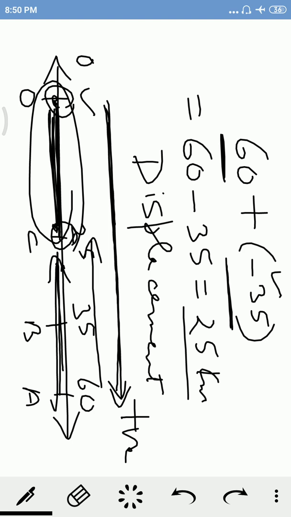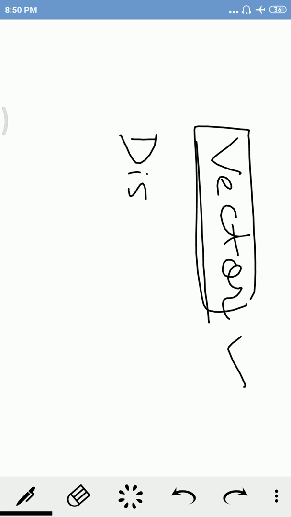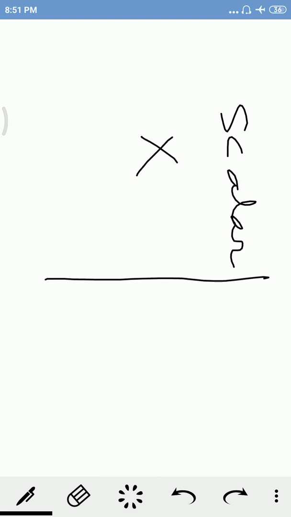In physics, where we consider the direction in quantities, these quantities are called vector quantities. So displacement is a vector quantity. So did you understand the difference between scalar and vector quantity? In a scalar quantity, we do not consider the direction, and in a vector quantity, we consider the direction of motion also.